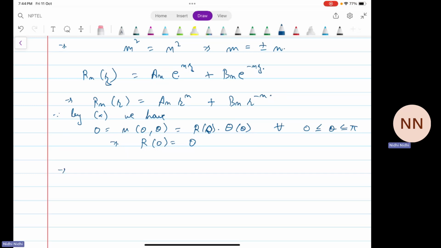Therefore 0 is equal to Rn(0), which is equal to An plus Bn.